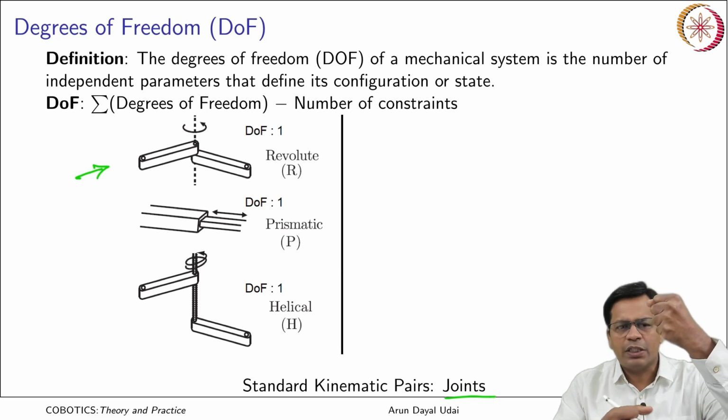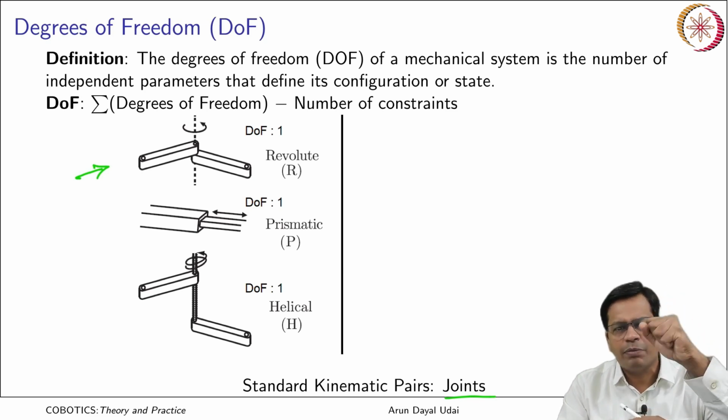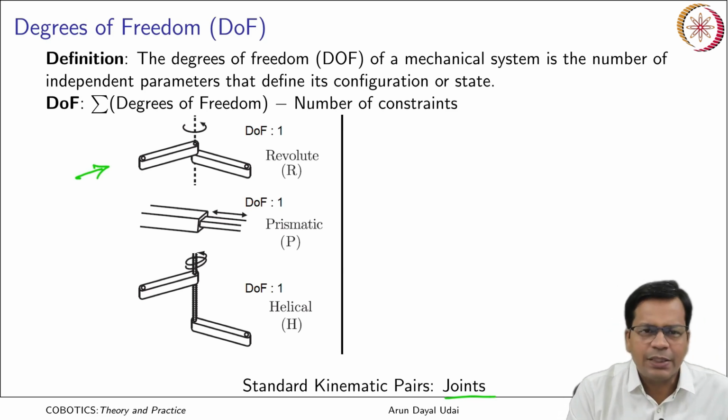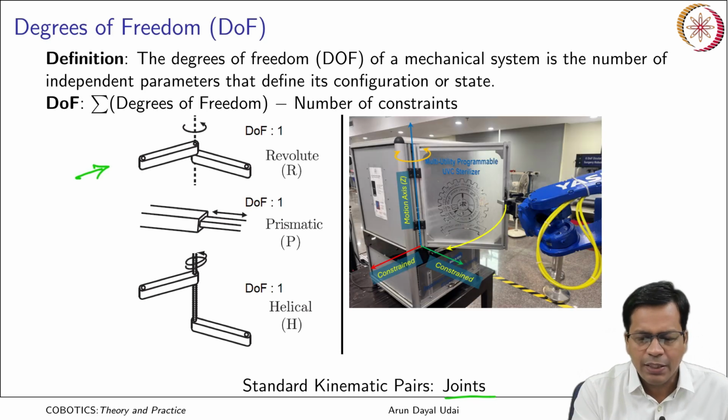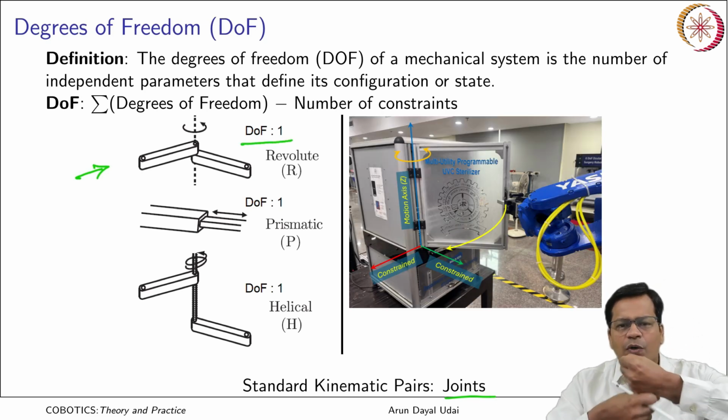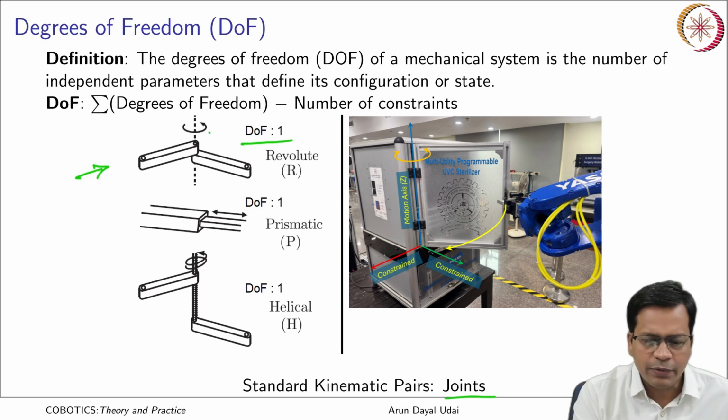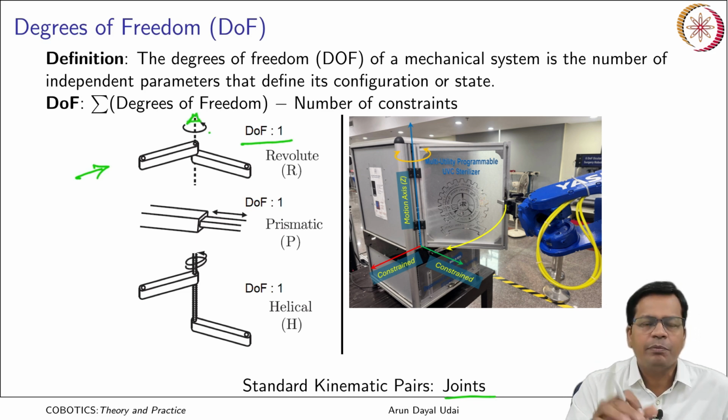Any body with respect to a fixed frame can have a maximum of 6 degrees of freedom. If it has 1 degree of freedom, that is just a revolute joint about one of the axes, that means the remaining 5 are fully constrained.